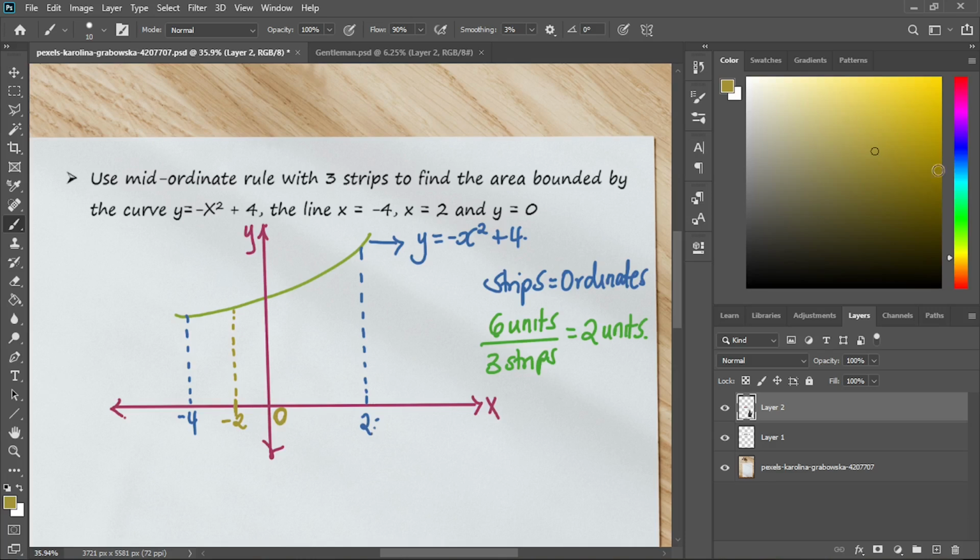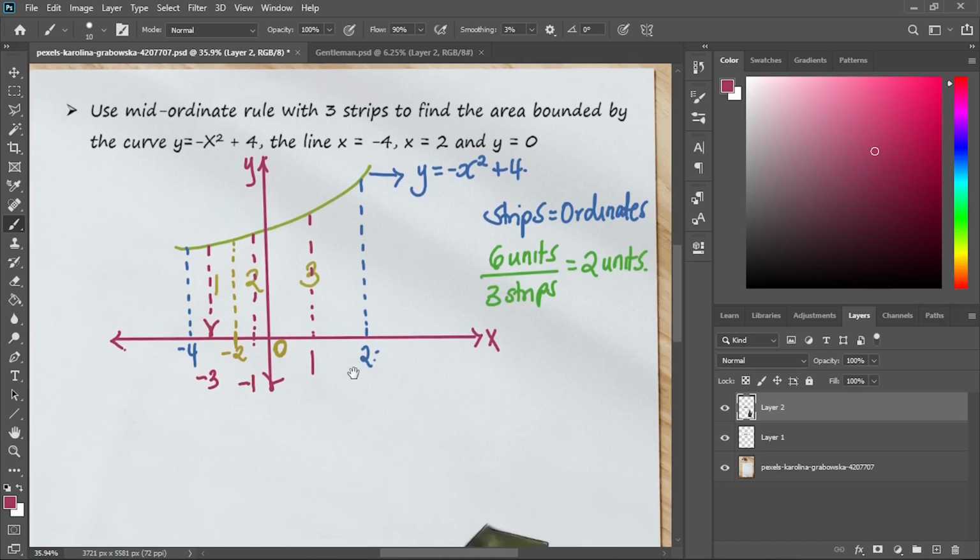Although these ones don't look the same the way they have been drawn, if I draw to scale, this will be the first strip, this will be the second, and that will be the third, and they should be equal. Then the mid-ordinate is supposed to come from the middle of each. The first one will come from the middle of the first strip, which is negative 3. The second one will come from the middle of the second, which will be negative 1. Then the third one will come from the middle of the third, which will be 1.